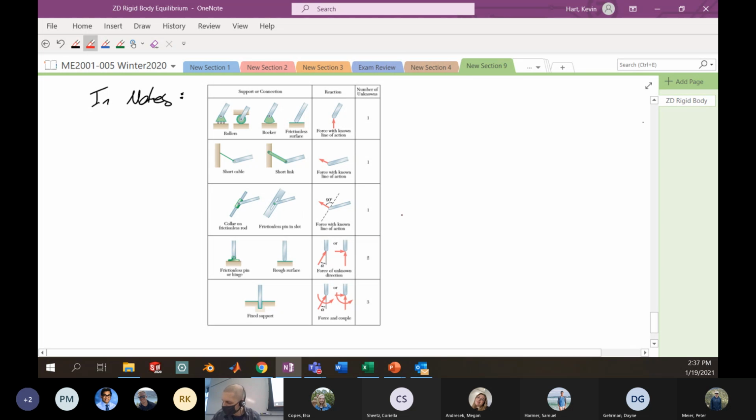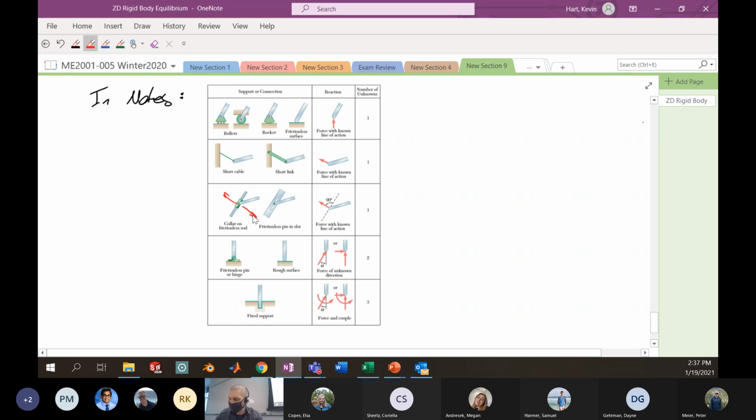All right, let's continue. This one occurs a lot, this collar on a frictionless rod or a pin inside of a frictionless slot. This is another one that's a common occurrence. In this situation, you would be free to move along the rod, or free to move up and down the slot, but you are not free to move in this general direction.